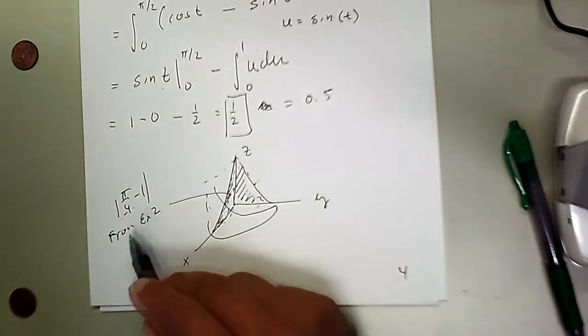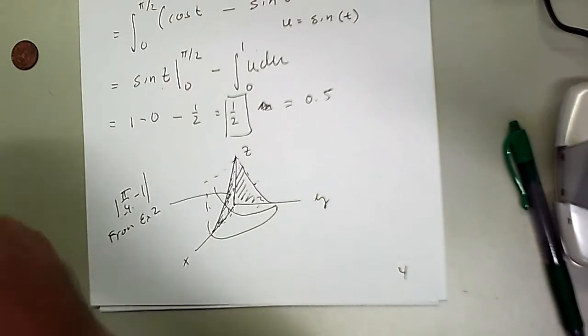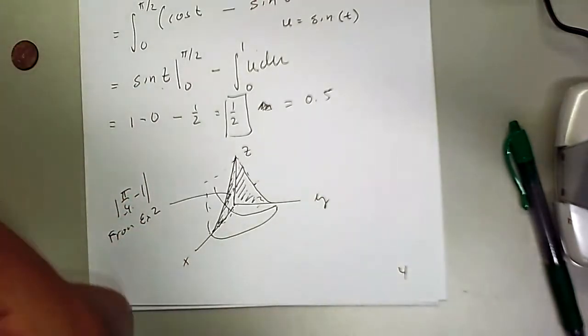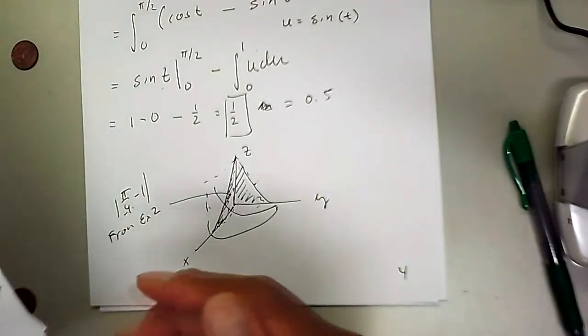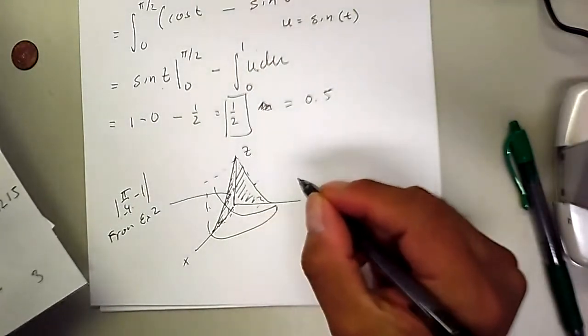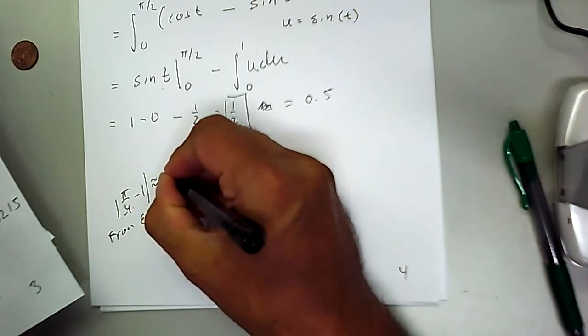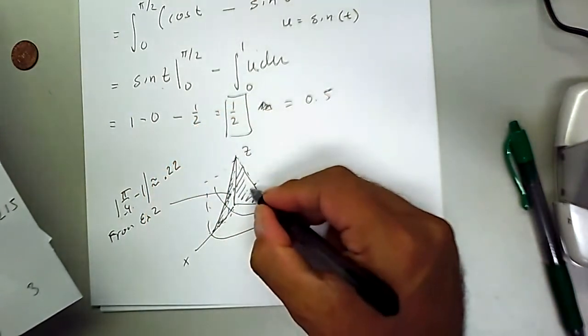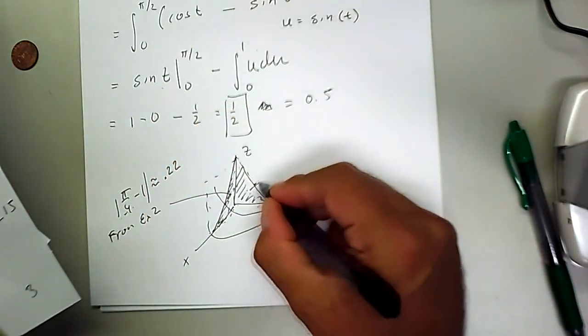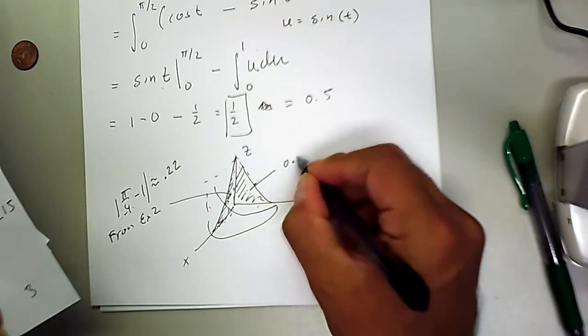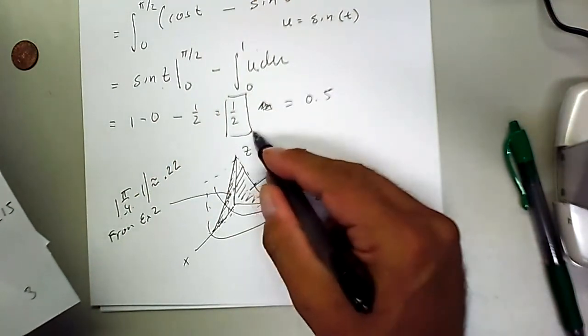Remember, this number was negative. How much was it? About 0.20. I'm going to round it to negative 0.20. Well, with the absolute value that is about 0.22. We just found out that this area is 0.5 exactly.